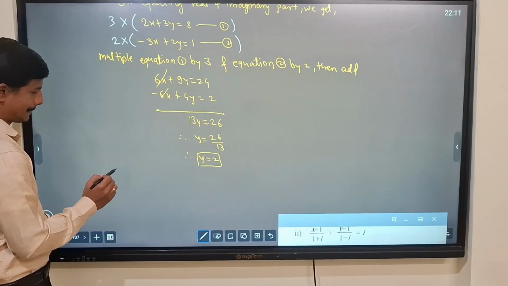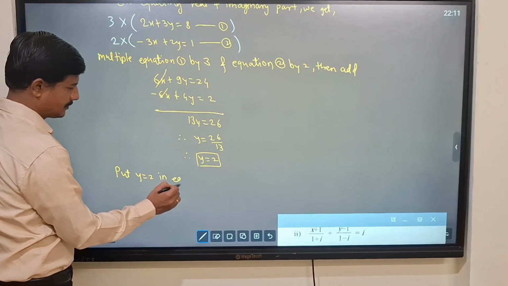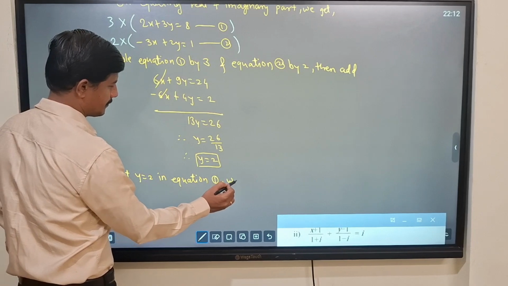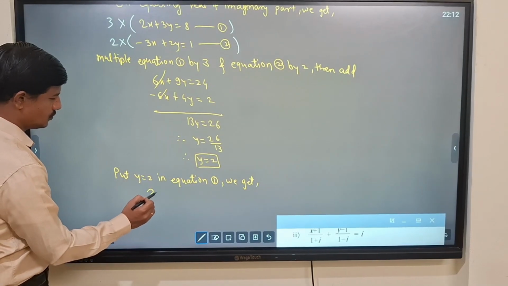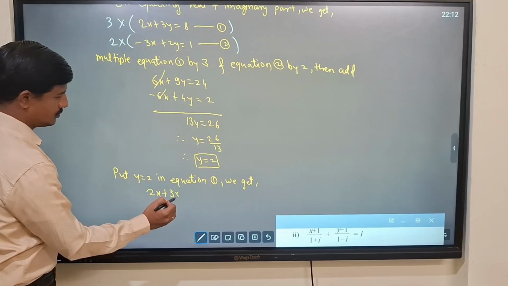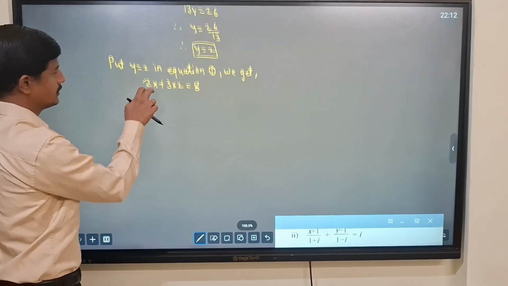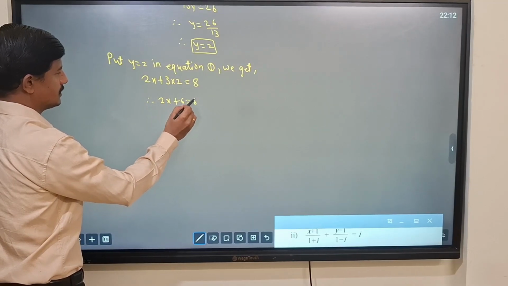Put y equal to 2 in equation 1, we get 2x plus 3 into 2 equal to 8. So this becomes 2x plus 6 equal to 8.